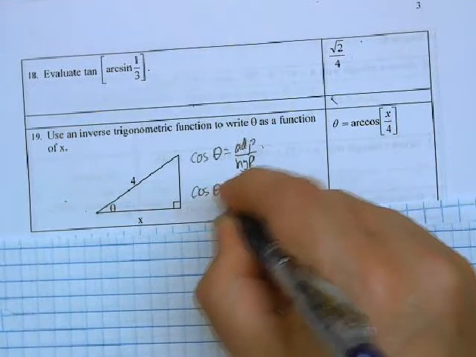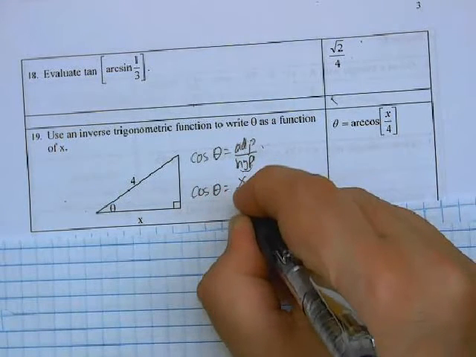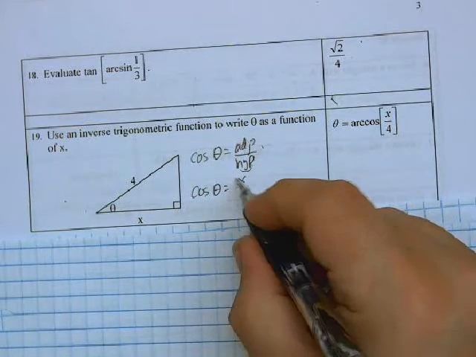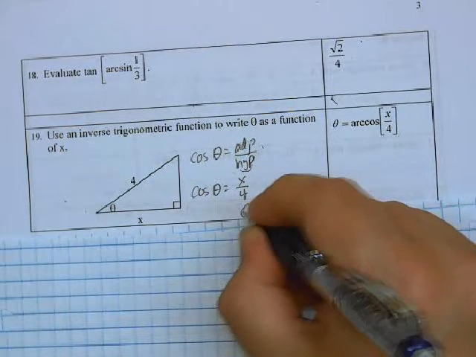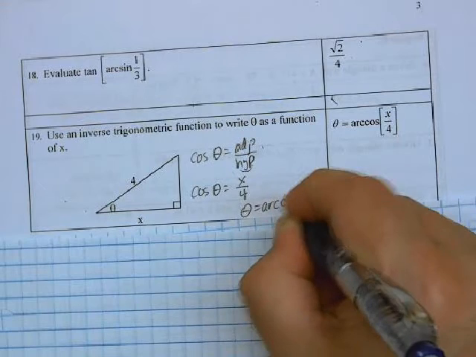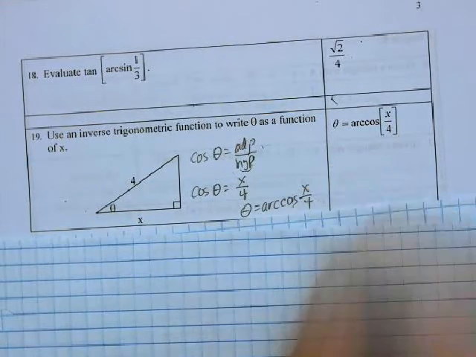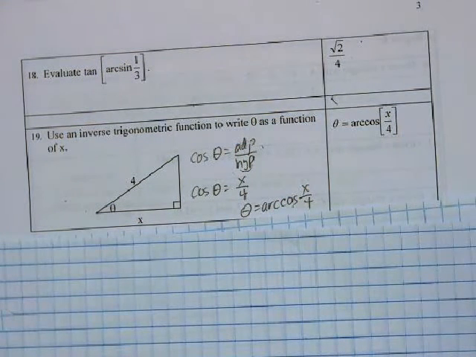So cosine theta equals x over 4. So to quote-unquote undo the cosine, I take the arc cosine. So theta is the arc cosine of x over 4.